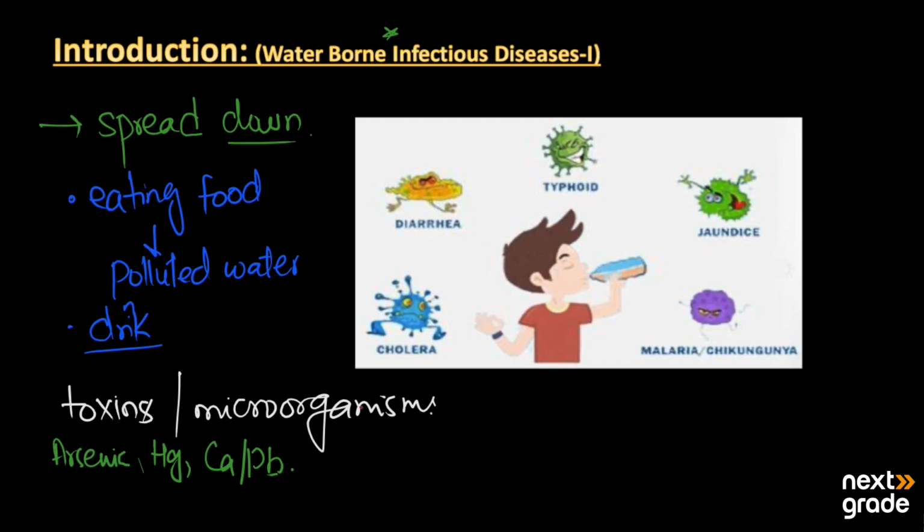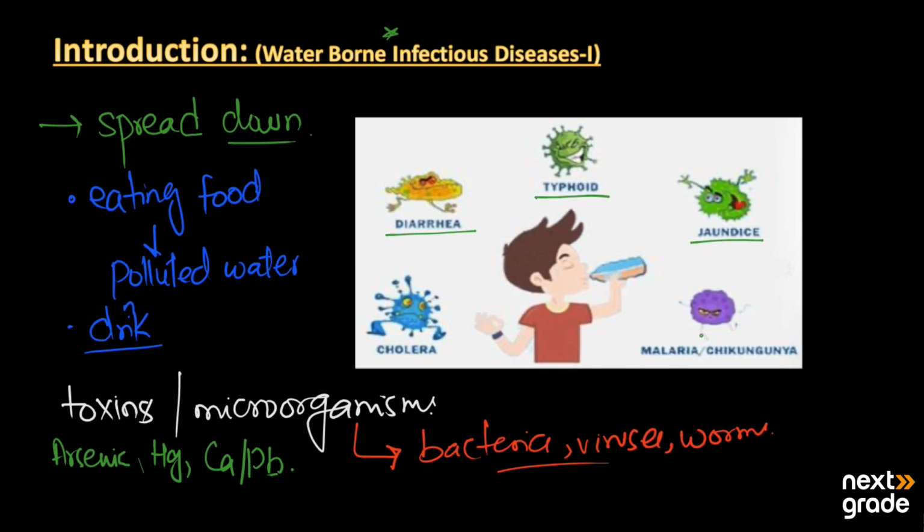On the other hand, when different microorganisms are involved, these may be bacteria, viruses, or different types of worms. So a lot of things can cause waterborne diseases. Here we have diarrhea, typhoid, jaundice, malaria, and cholera. All this is just because of the polluted water.